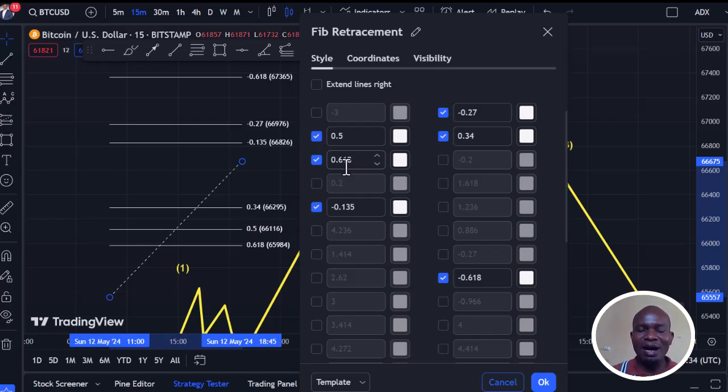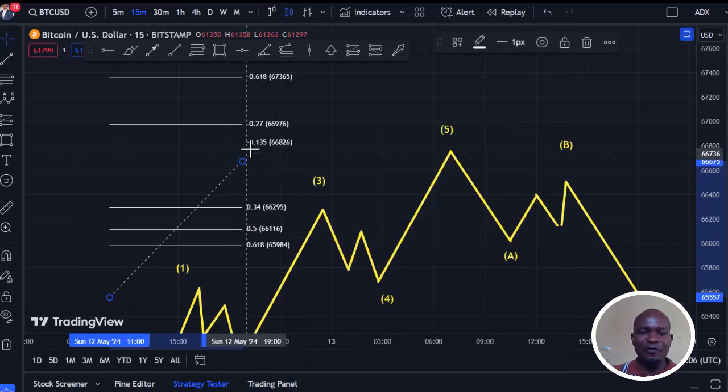There's nothing magic about these numbers, and that is why we are looking for a confluence, so we know this might go in our direction, because we believe that where two people give the same confirmation, there is a tendency that it has a high probability of playing out. Okay, so that is why we are using the confluence of Fibonacci. All right, so having set your parameters here, what we need to do first is to draw it from the first impulse.